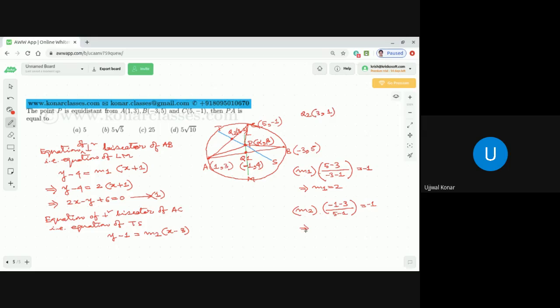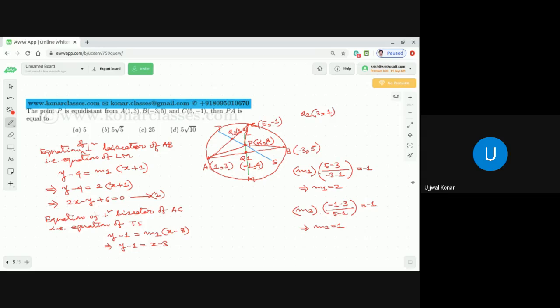So from here we get minus 4 by 4, the minus minus got cancelled, so m2 is equal to 1. So what we get, dear students, is y minus 1 is equal to x minus 3.